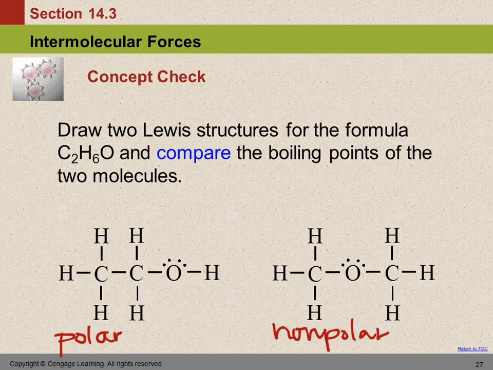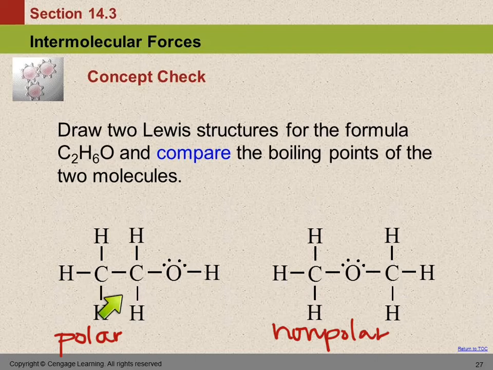Think about, in order for something to boil, the particles have to get up enough kinetic energy to break loose. So if it's got stronger forces, they have to be moving faster in order to get out. Which of these has stronger intermolecular forces, the polar one or the nonpolar one? The polar one, right? Because all polar molecules have dipole-dipole forces.